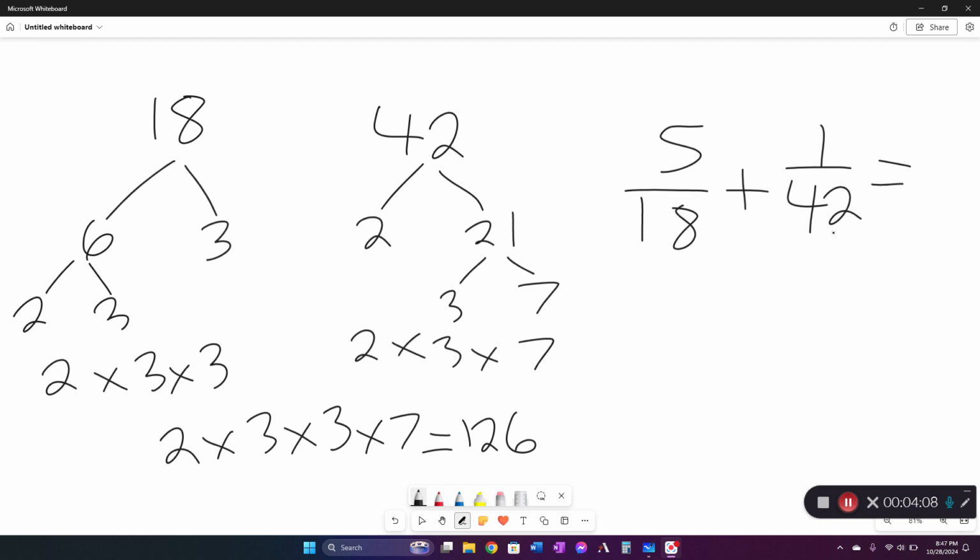By finding the lowest common multiple, we already know what the lowest common denominator is going to be: 126. Something over 126 plus something over 126. But how did I get from 18 to 126 and 42 to 126? What we're going to do is multiply this number by whatever it doesn't have down here.